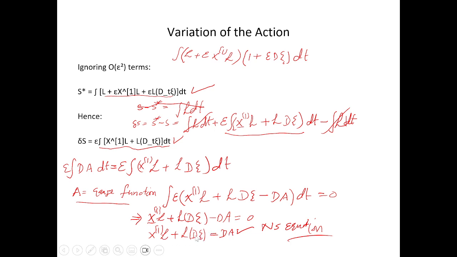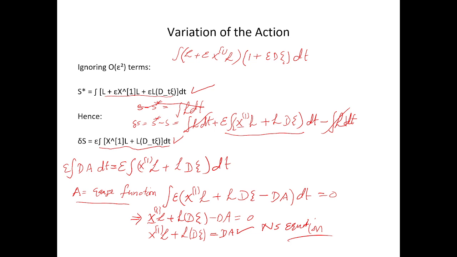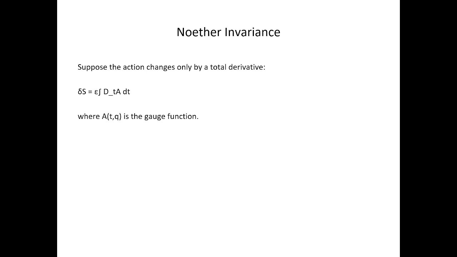This is another symmetry equation, and the main purpose of this lecture was to derive this equation. This is written in many books in this form, and in this video we derive it step by step.